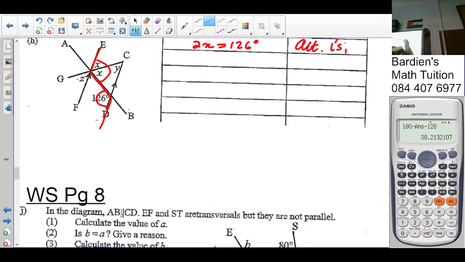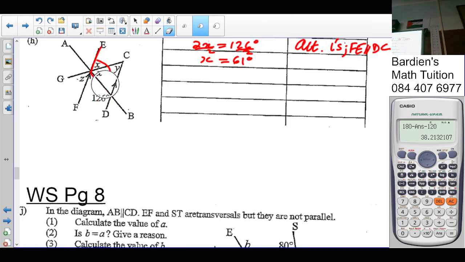Alternate angles with EF parallel to CD. I divide by 2. So x is equal to 61 degrees. You will agree with that? 63, I mean. No, it's my mistake, I made a mistake. 63.